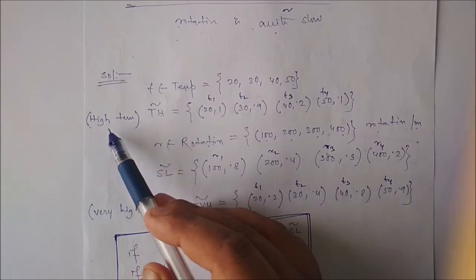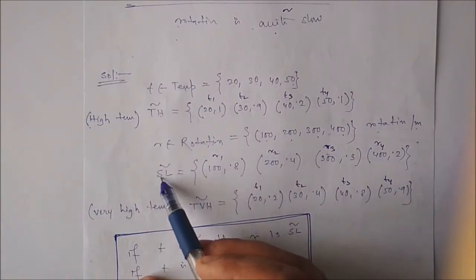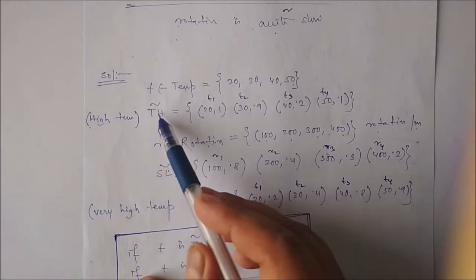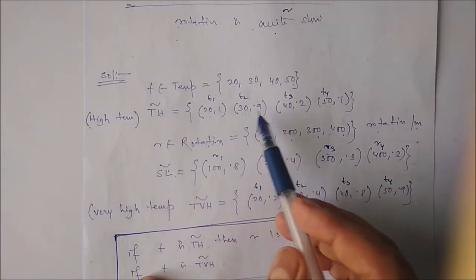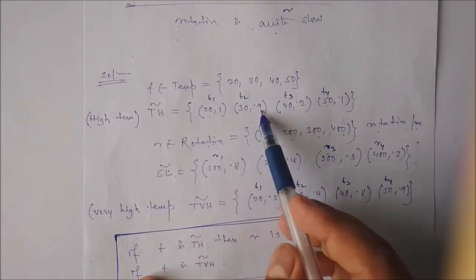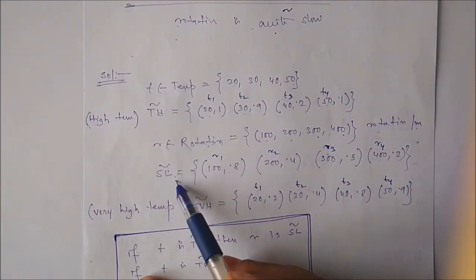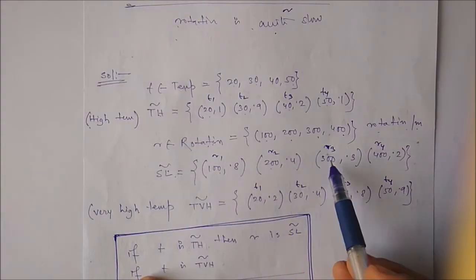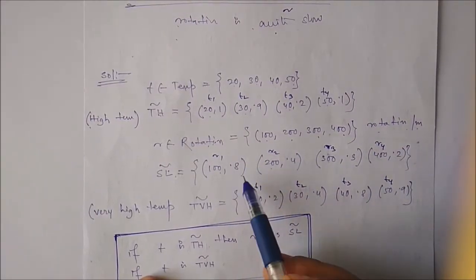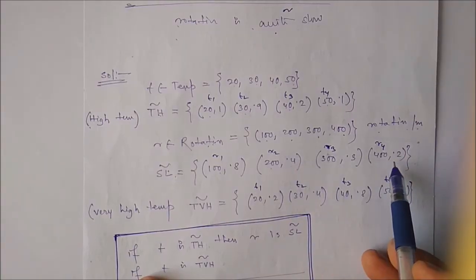TH, that is high temperature, and SL, that is slow rotation, are the two fuzzy sets. TH contains 20, 30, 40, 50, that is T1, T2, T3, T4, with their membership values, and slow contains 100, 200, 300, 400, that is R1, R2, R3, R4, with membership values 0.8, 0.4, 0.3 and 0.2.